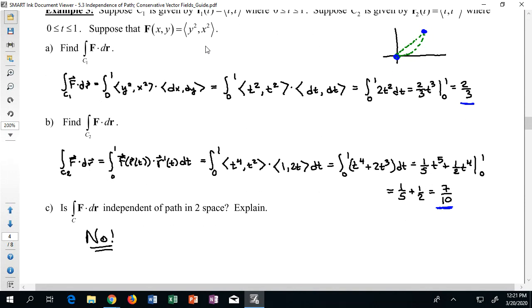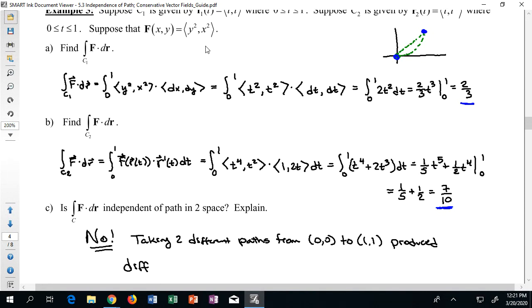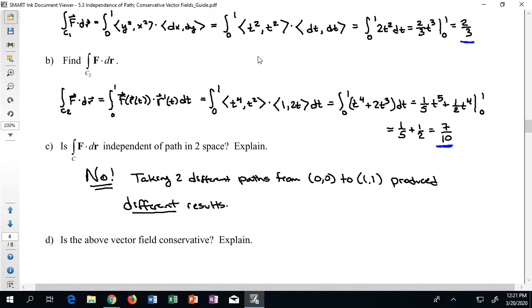So we can say here no, taking 2 different paths from 0, 0 to 1, 1 produced different results. So there is no way this is independent of path.